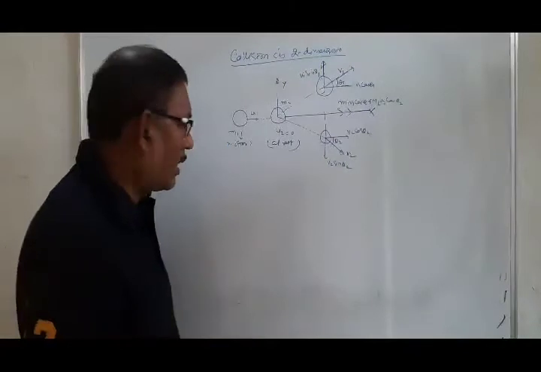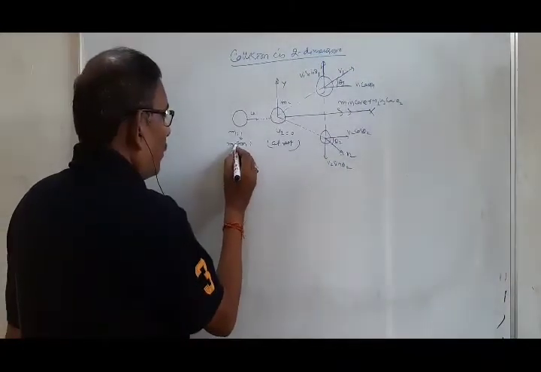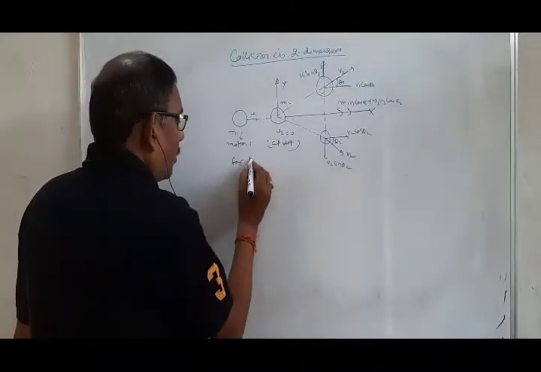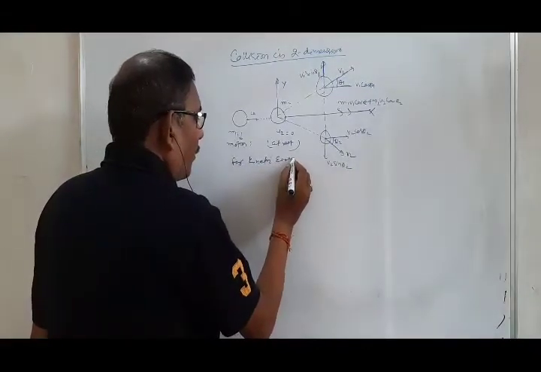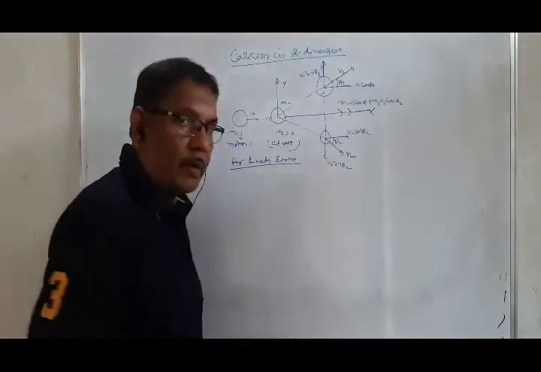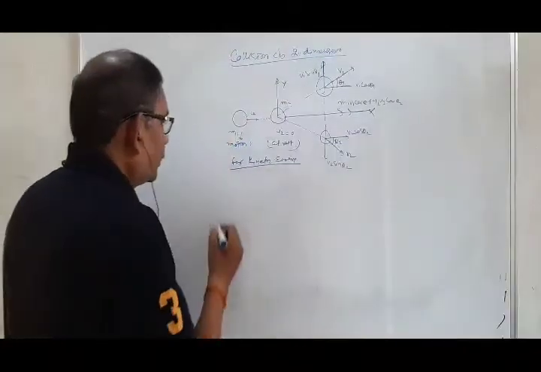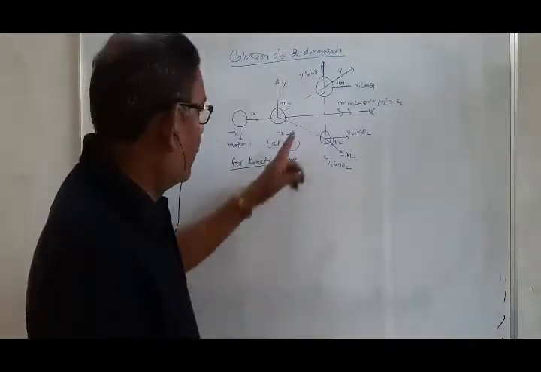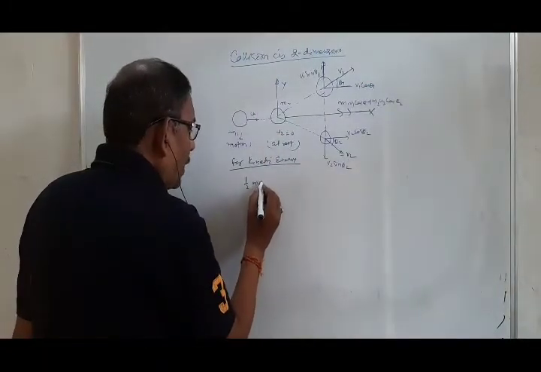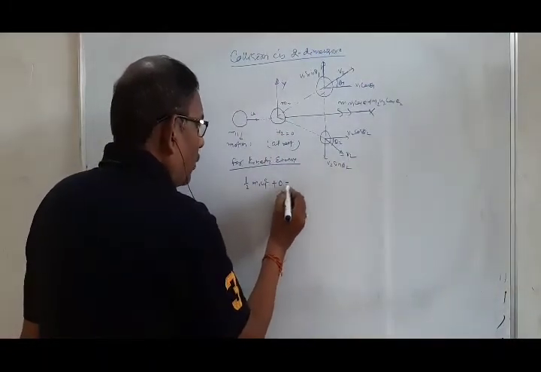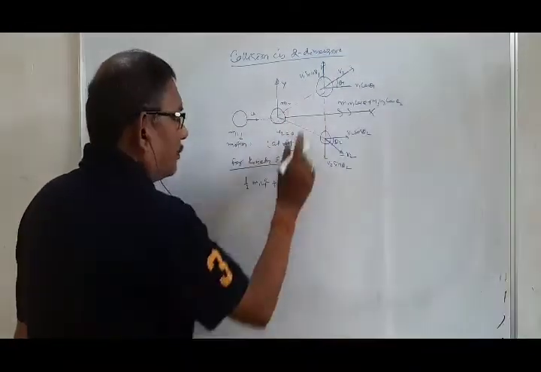Now for kinetic energy. According to the law of conservation of energy, the total kinetic energy before collision equals half m1 u1 square plus 0, since for the second body it is 0.